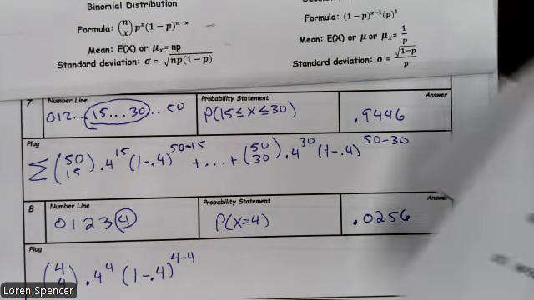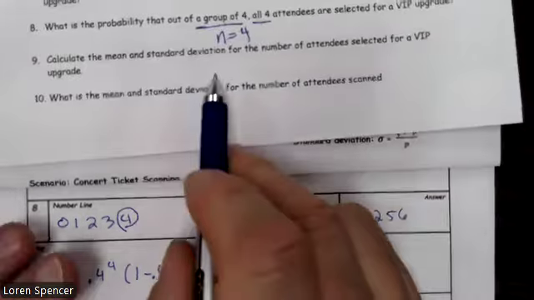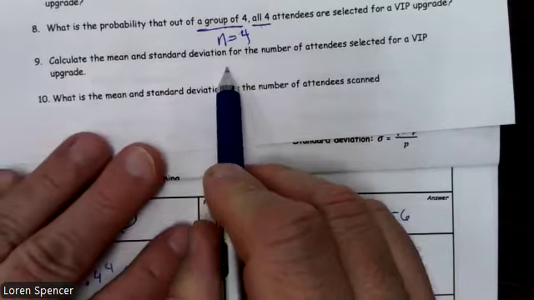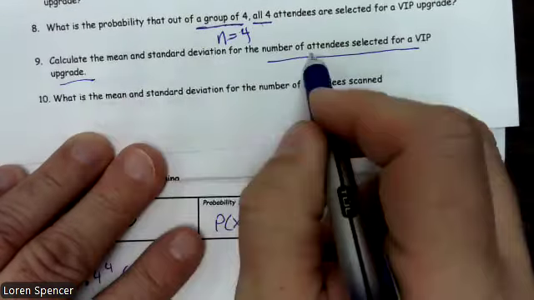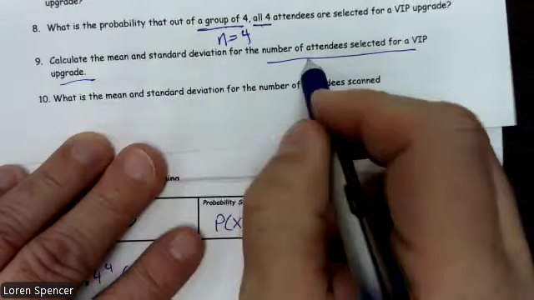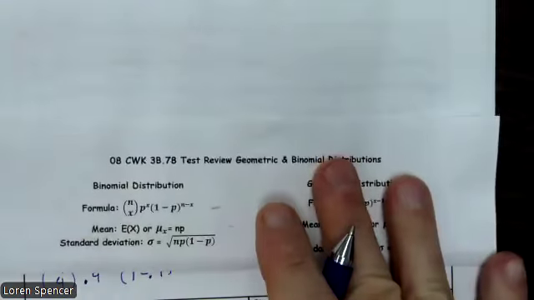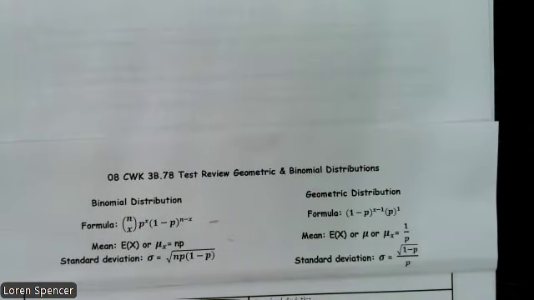All right, number 9. Calculate the mean and standard deviation for the number of attendees for a VIP upgrade. All right, we're talking about the number, so this is going to be a binomial. So I need to look at my binomial formulas. My binomial formula for the mean, the expected value, equals NP.